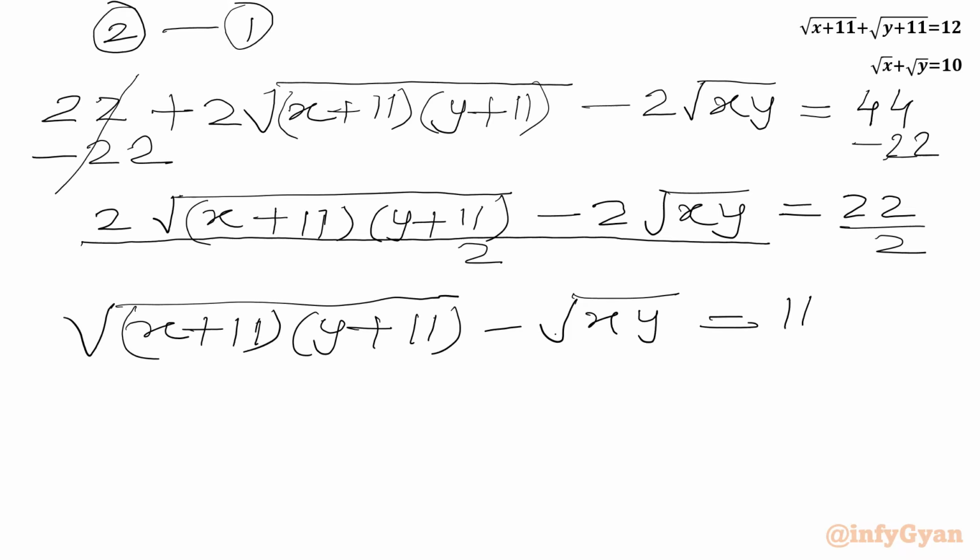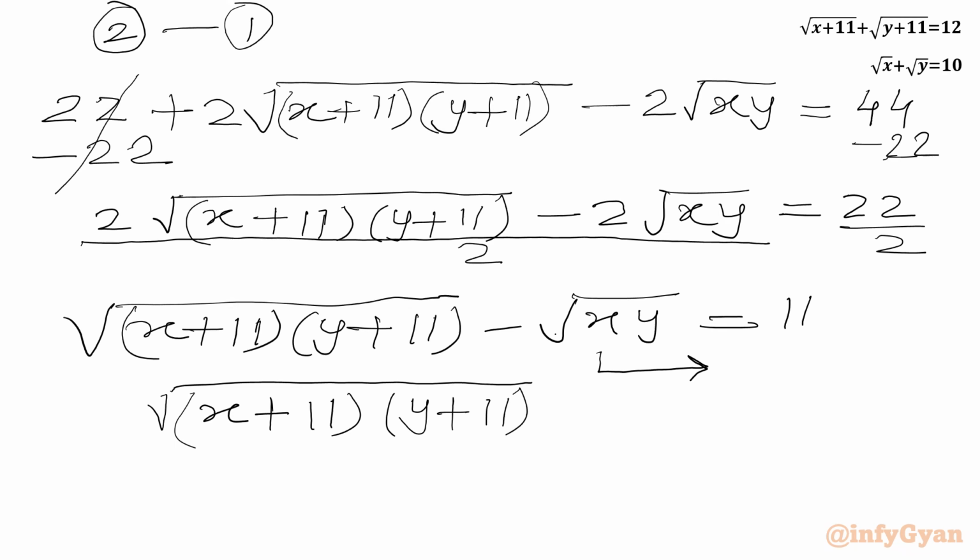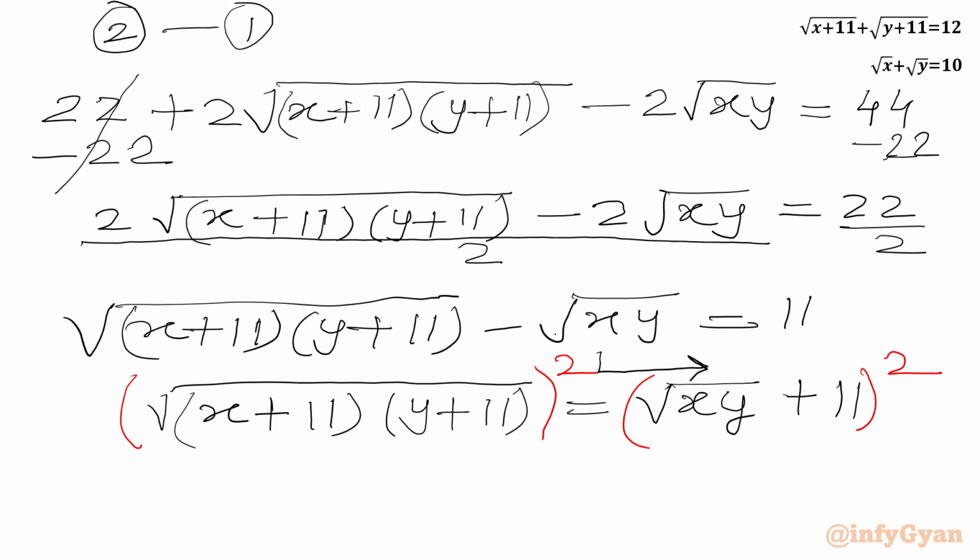Now we are going to take this negative √(xy) to the RHS. So we will write √((x+11)(y+11)) equal to √(xy) plus 11. Again we have a square root on both the sides, so we are going to consider squaring. Again, we will write here power 2 in LHS and RHS.